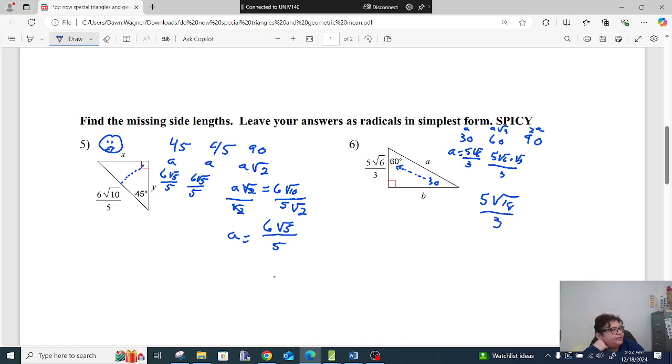I am not done though, because 18 can be reduced. What perfect square goes into 18? 9. So that's actually 5 square root 9 times 3 over 3. This 9 can come out as a 3, and I multiply. 3 times 5 is 15 square root 3 over 3.